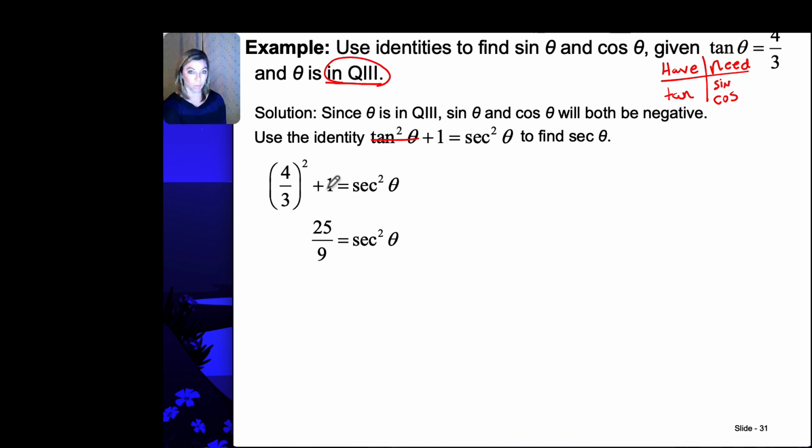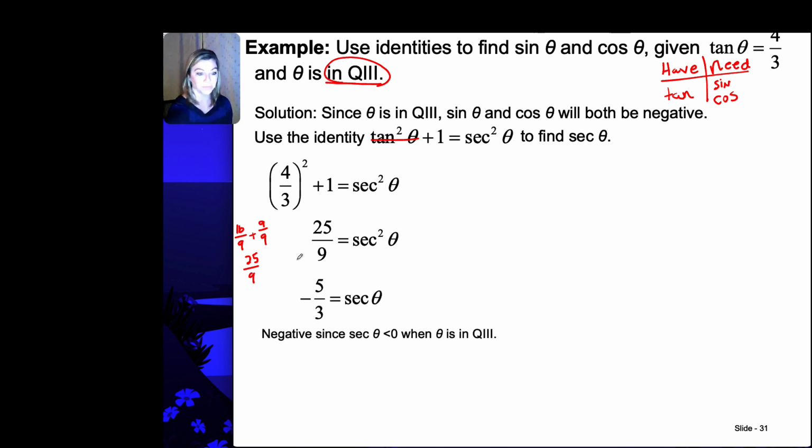16/9 plus 1. Well, with a common denominator, that would be 16/9, and instead of writing it as 1, we would write it as 9/9. That would be the 25/9 that we see here. Okay, so we have squared and we have added. Next thing we need to do to isolate secant is to get rid of this squared right here. We do so by square rooting both sides of the equal sign.